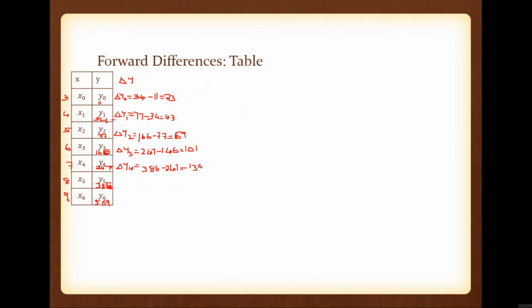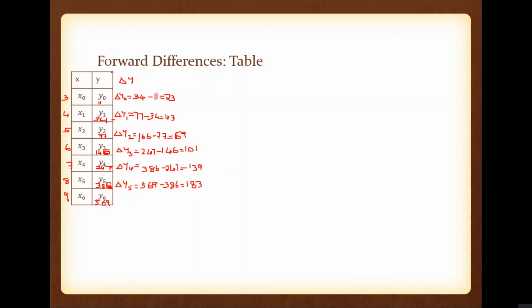Now delta y5 is equal to 569 minus 386, so that is equal to 183.